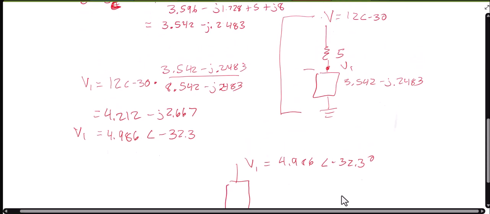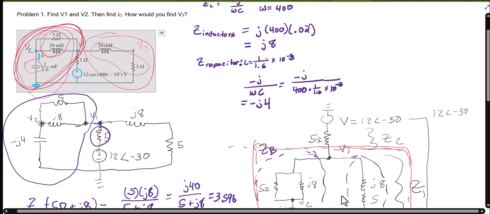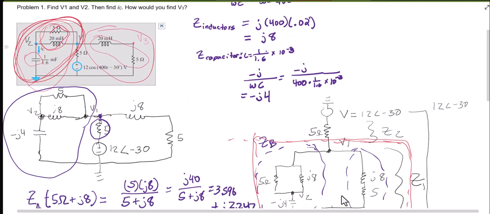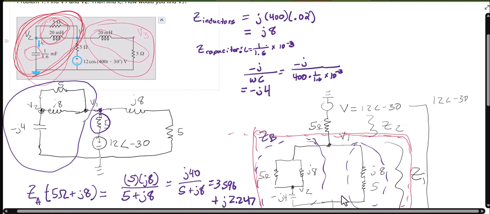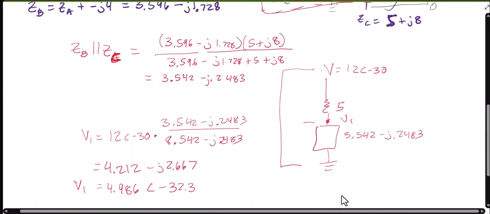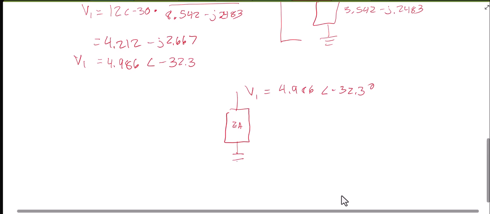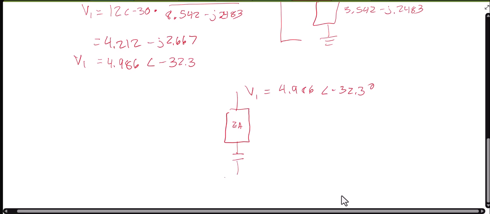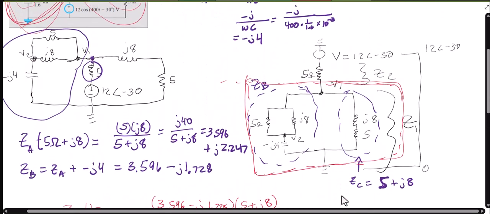And then this part right here, that's what I called ZA, because that was just the 5 ohm resistor and the 20 millihenry inductor. And then I had my capacitor, and then from there it goes to ground.